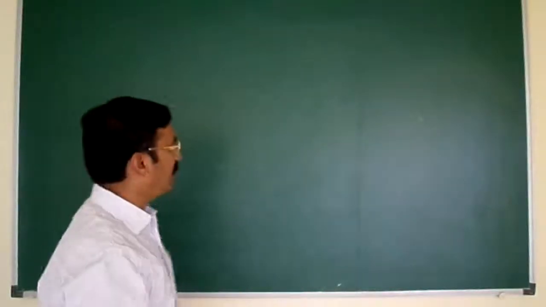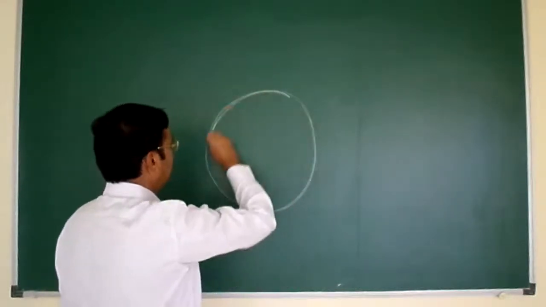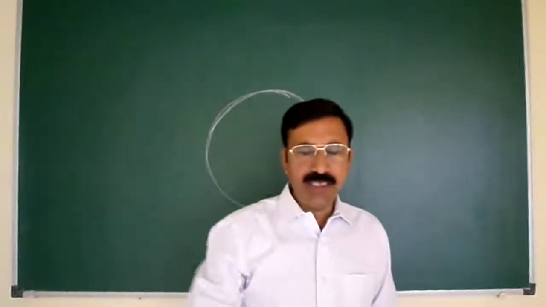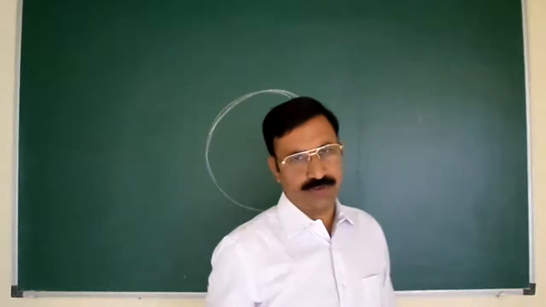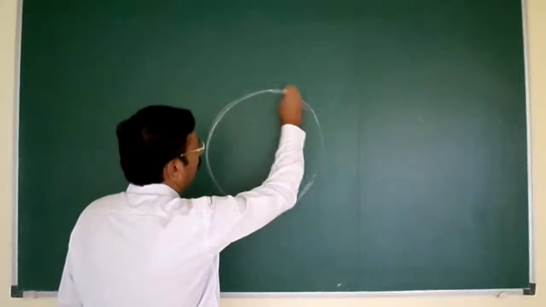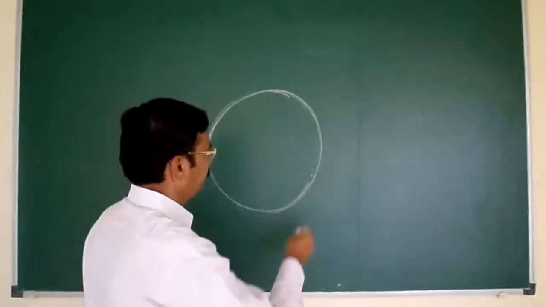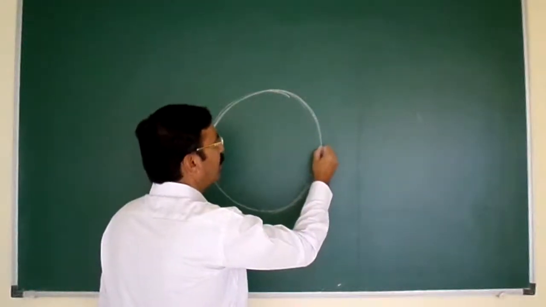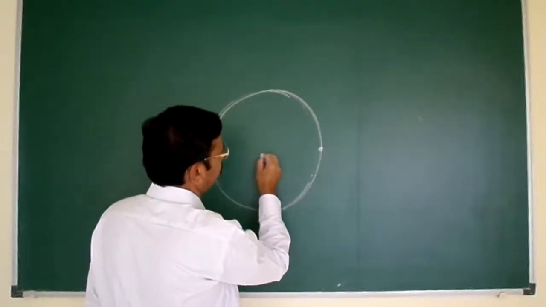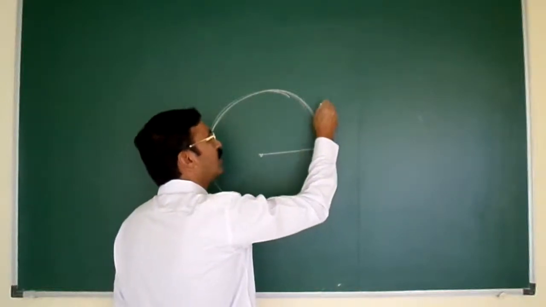When we consider circular motion, in 11th standard we have learned some relationships between the linear and the angular velocity. Any object or particle performing a circular motion possesses a linear velocity.